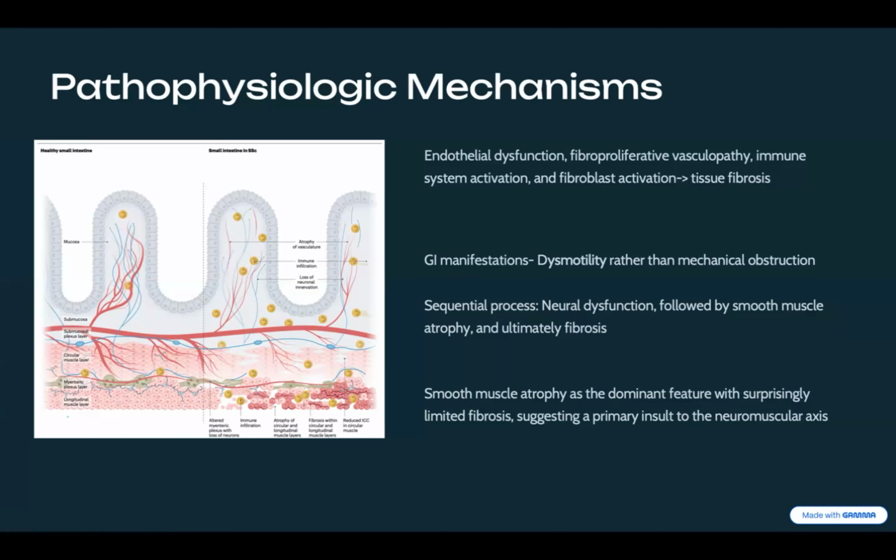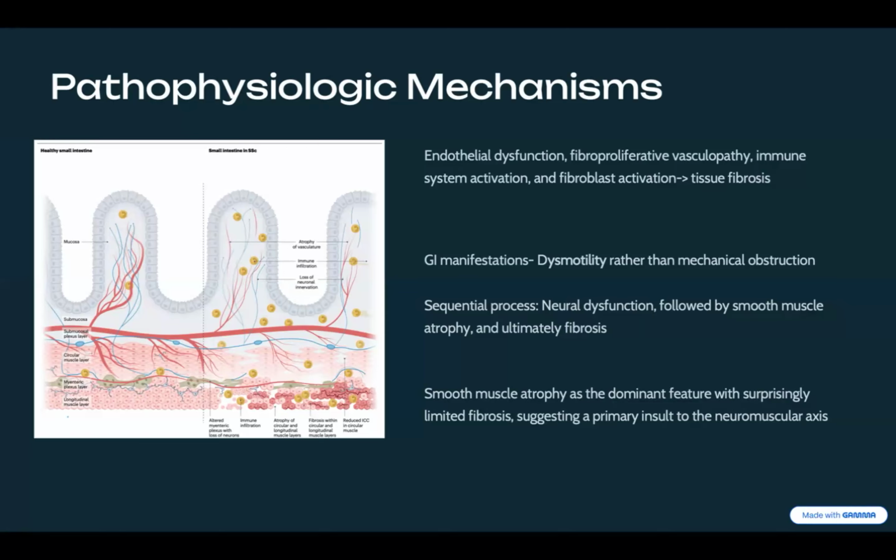Then hypoxia induces the activation of fibroblasts, changing into myofibroblasts, and then there is extensive fibrosis of the tissues. This is the common mechanism which underlies most of them.